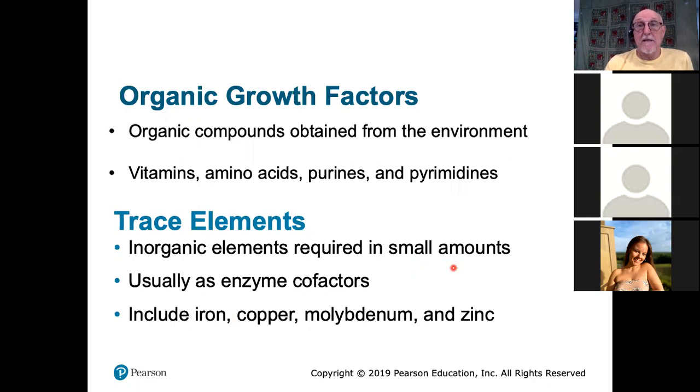It's only needed in small amounts, but essential amounts, and these elements function as enzyme cofactors. There are a number of them. Iron is the one I mentioned, but copper, molybdenum, and zinc are all trace elements that most living things require from their environment as well.